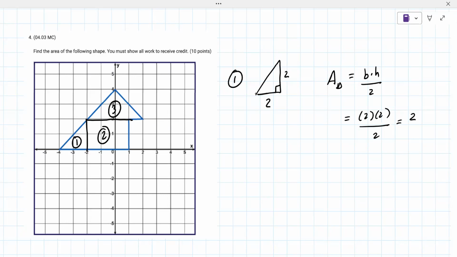All right, for number two, it's a rectangle. It's got a base of 3 and a height of 2. I'm just counting squares. I'm not doing anything complicated there. The area is 2 times 3, which is 6.